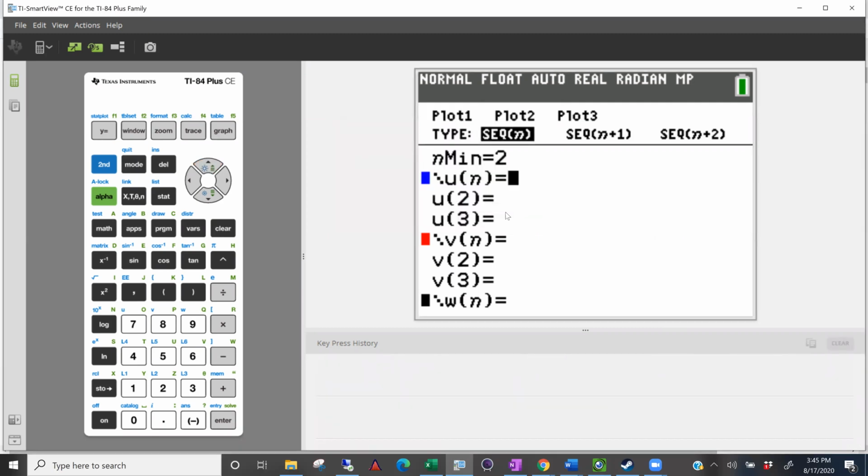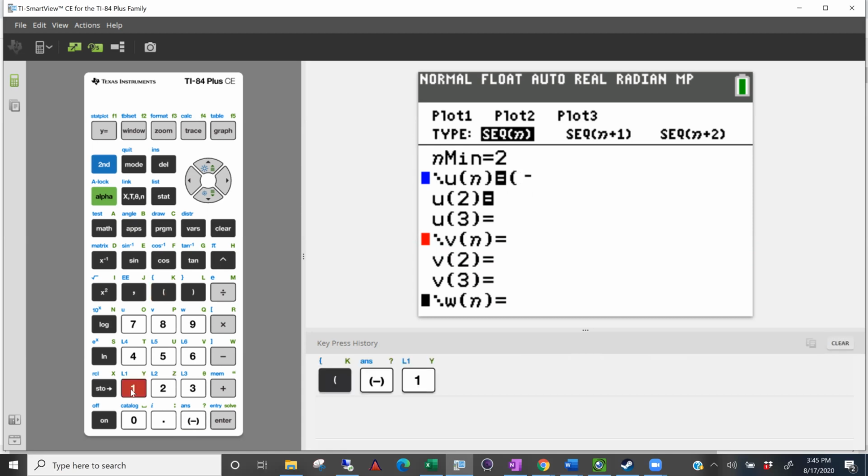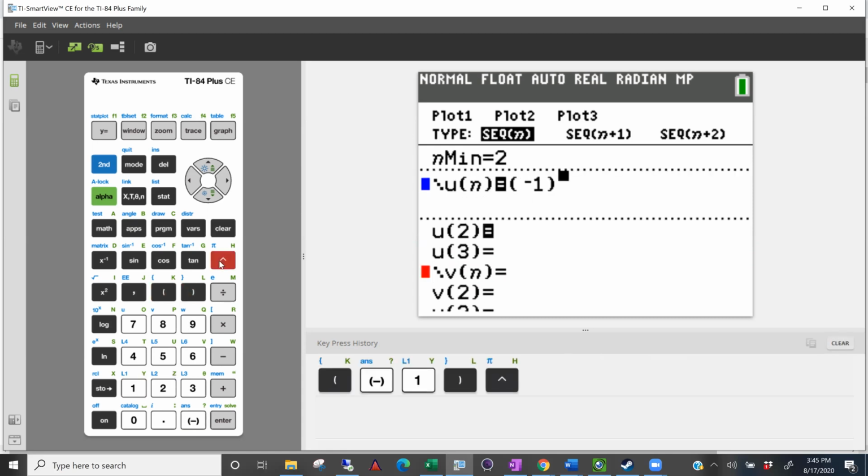Doesn't matter if you use sequential mode or not, but let's put in, I'm not going to worry about the -1 stuff. You could put it in if you want, -1 raised to the nth power. That's fine, it doesn't matter, because we're not really going to be worried about the sign of this term. We're just worried about how big it is.